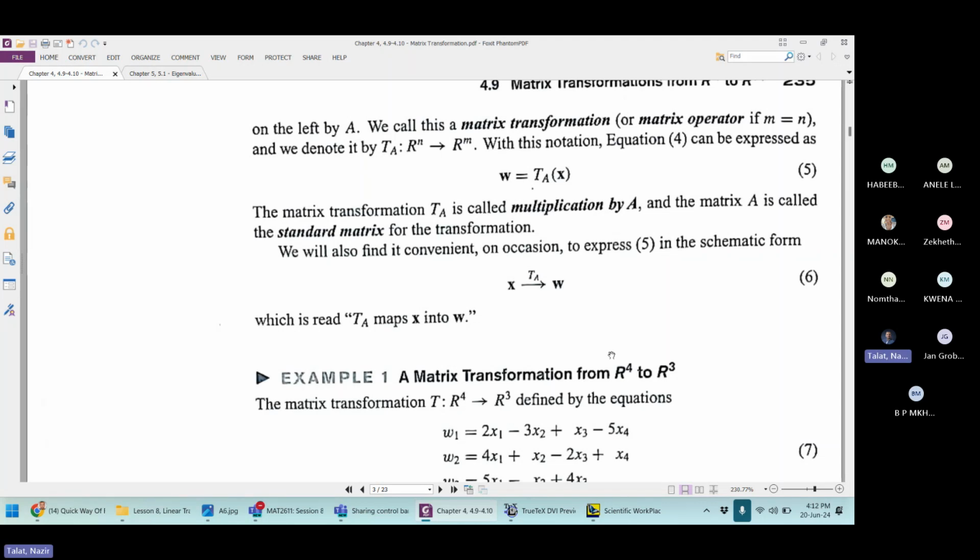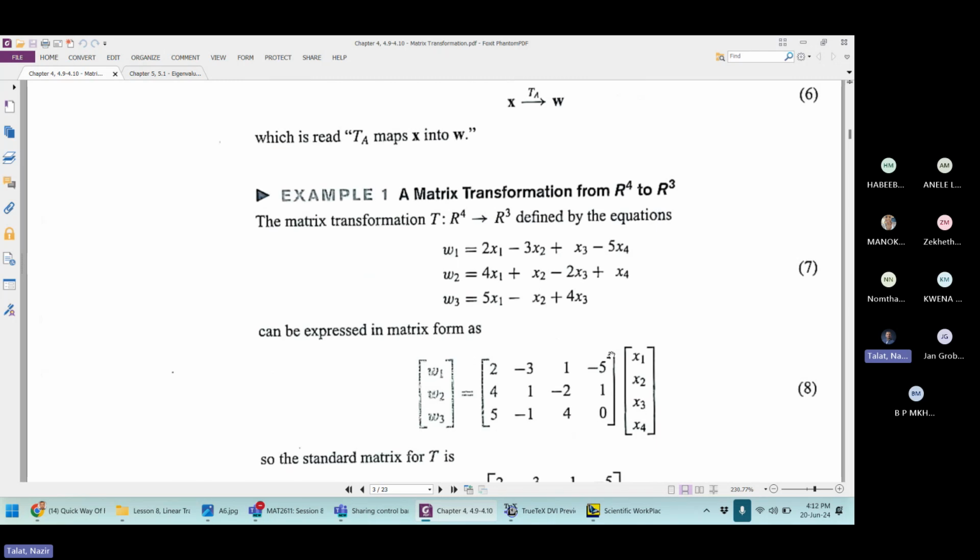Here we can see that there are several examples of this transformation. For instance, if T is a transformation from R4 to R3 defined in this way, we put x1, x2, x3, x4 from the four-dimensional space R4, and we get w1, w2, w3. If we combine w1, w2, w3, they are vectors in R3.